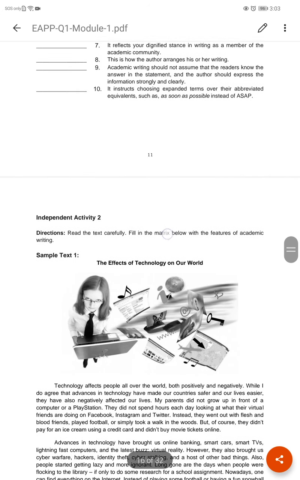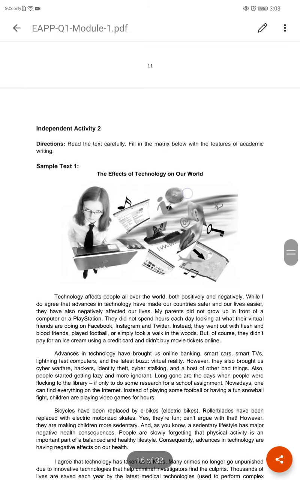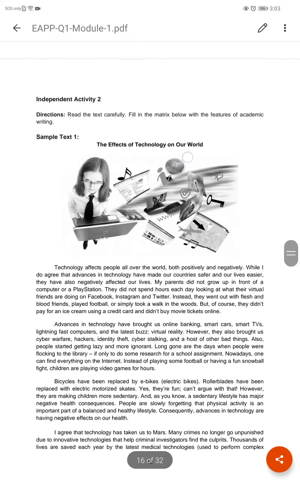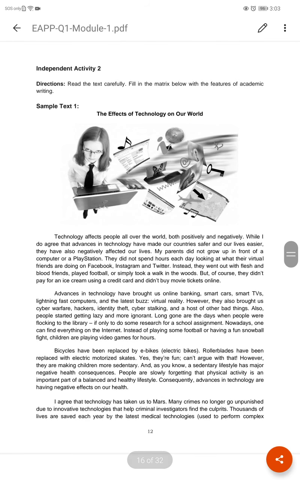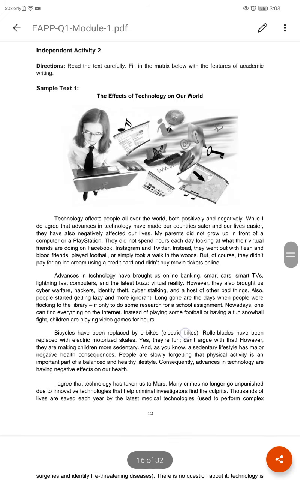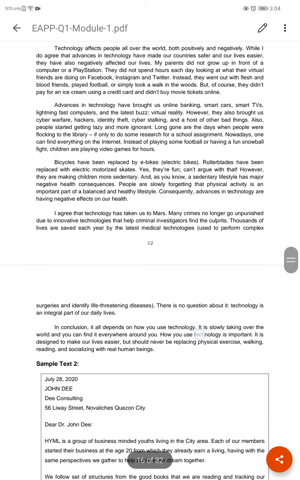Please use correct spelling. For our independent activity 2, directions: read the text carefully, fill in the matrix below with the features of academic writing. So, there are two sample texts here. This is sample text 1, the effects of technology on our world. So, just read the whole essay.